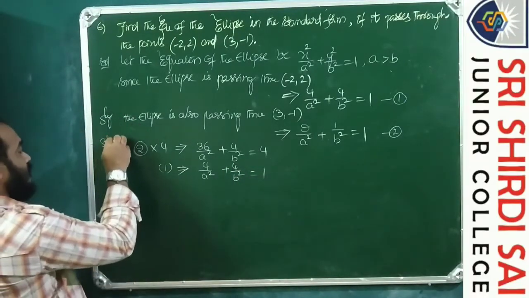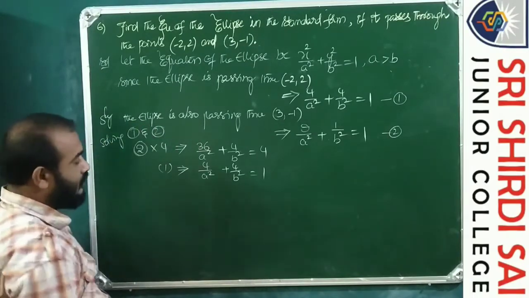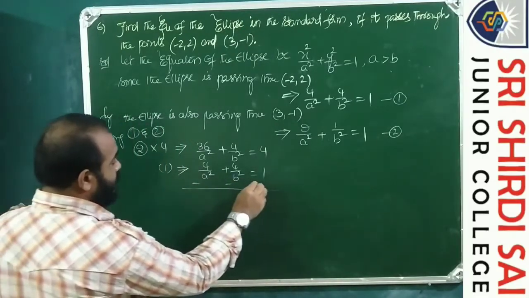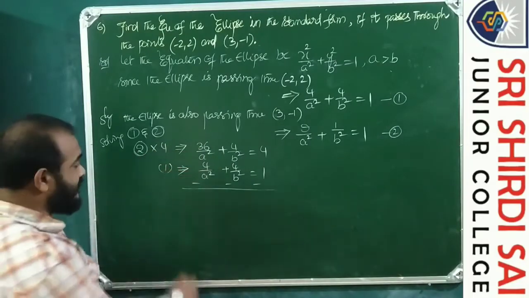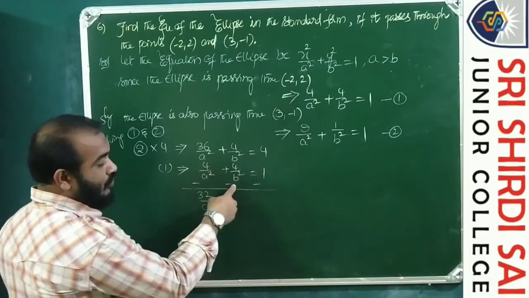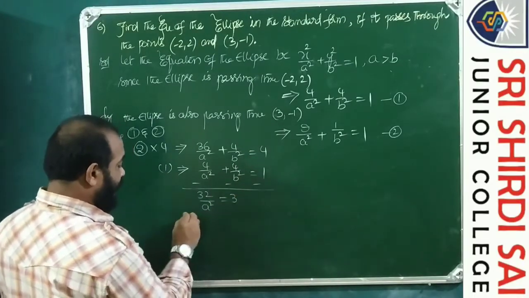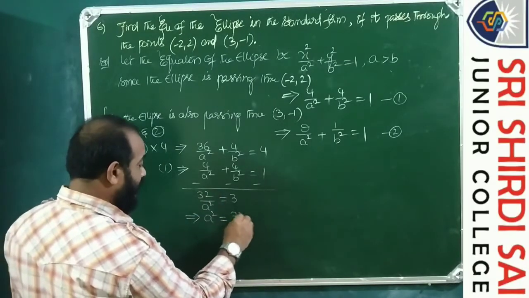Solving 1 and 2, I'll subtract. 36 minus 4 is 32 by a square. 4 by b square gets cancelled. 4 minus 1 is 3. From this, a square is equal to 32 by 3.